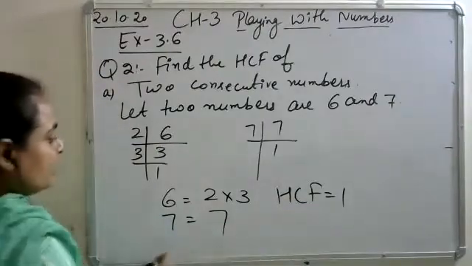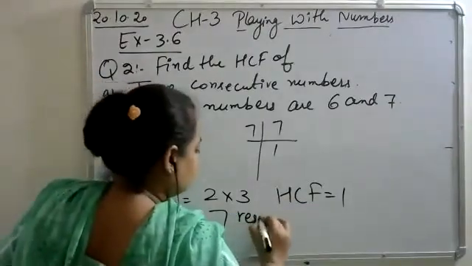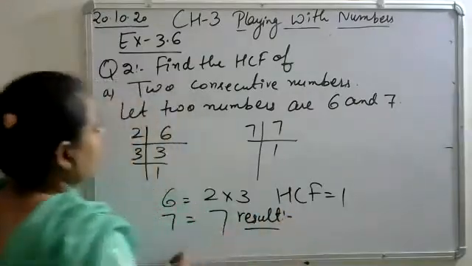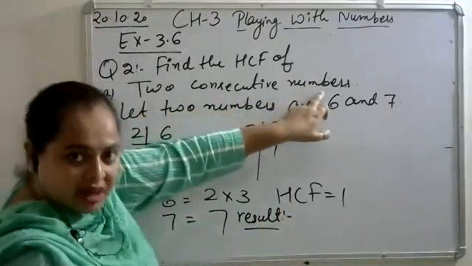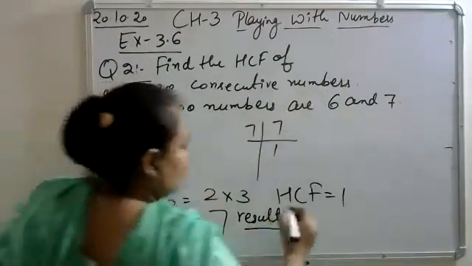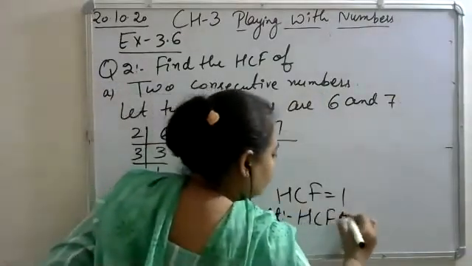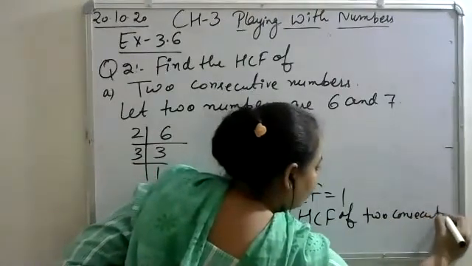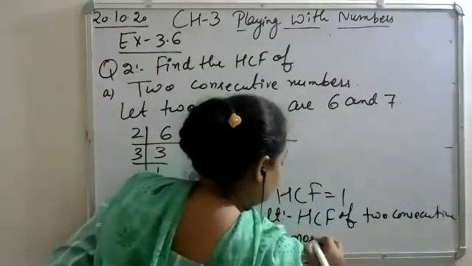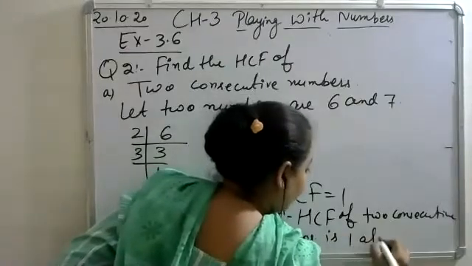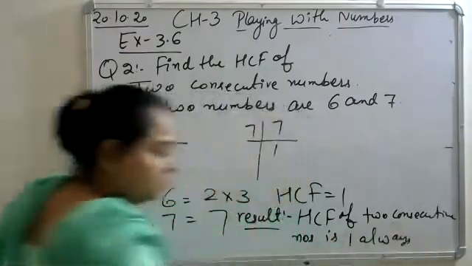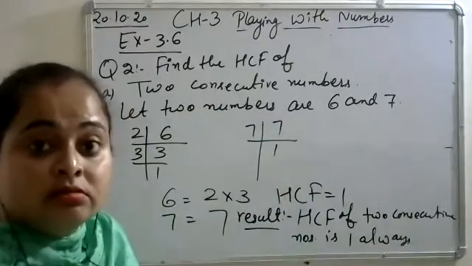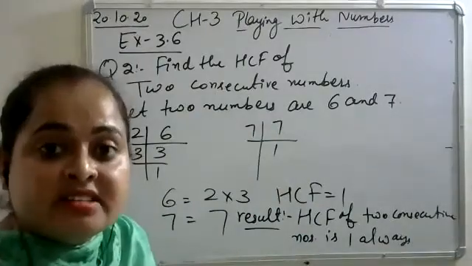So in the result, you will write: HCF of two consecutive numbers is 1 always. Always 1. This is a standard result.